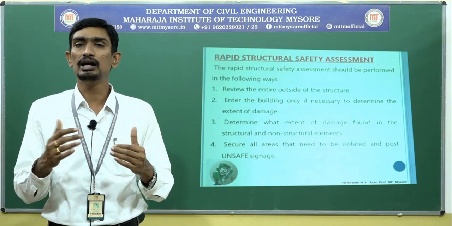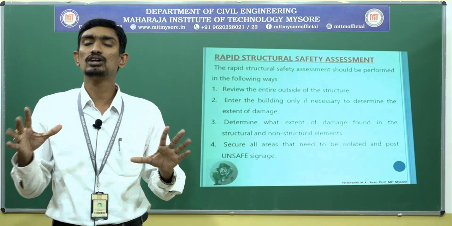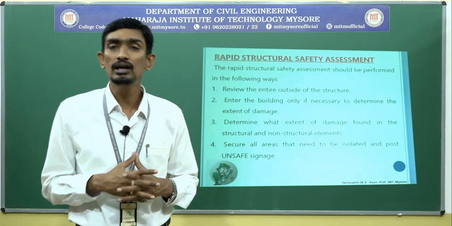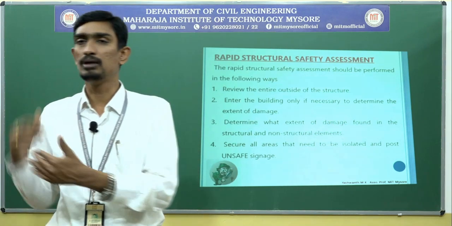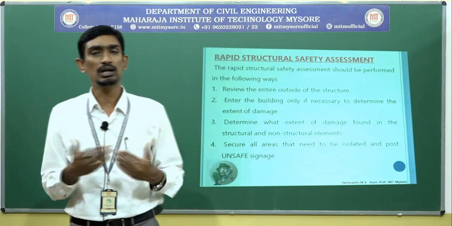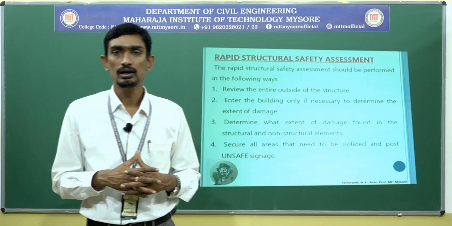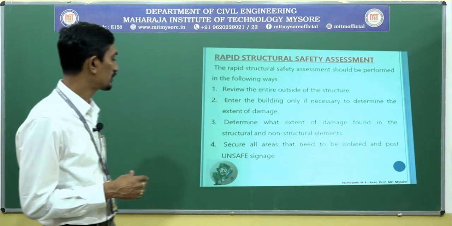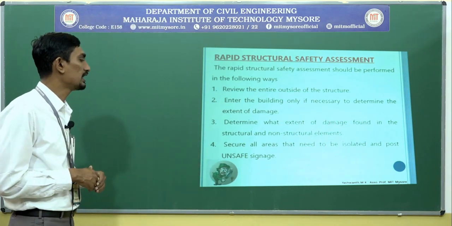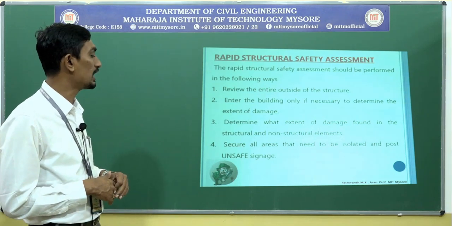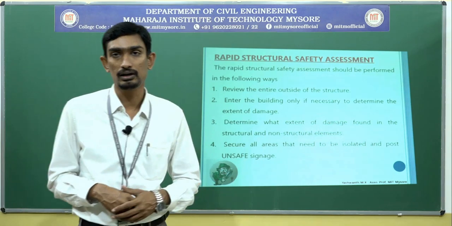Once you enter the building, you need to observe every corner and each and every material. It may be glass, window, door, whatever it may be. All the things you need to quantify, the extent of damage. And the next, secure all the areas that need to be isolated and post unsafe signage. This is very important.